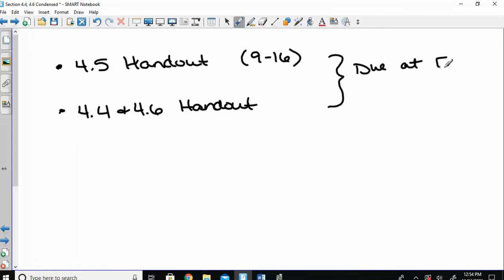Both of these are due at the end of class tomorrow. Okay, that means you should be working on them, and you've got time right now to work on it. But if you really get stuck on one, you'll have time to ask me about it tomorrow. Okay, so both of those will be turned in at the end of class.